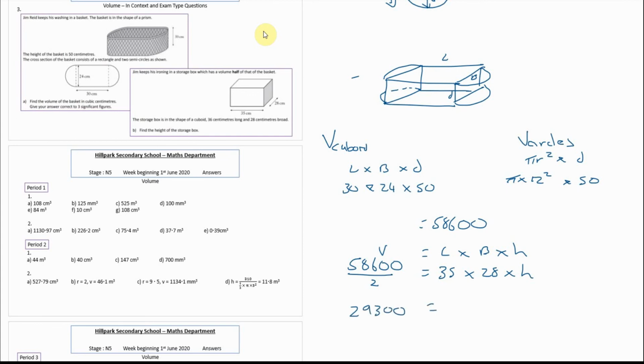And then 28 times 35 gives us 980 H. So to move that over, we're timesing it on the right, so we divide on the left. Divided by 980, and that should give us our height. So 29300 divided by 980. The height should be, just round that to 30. It doesn't say anything about rounding. Okay, so 30 centimeters. And that's you.